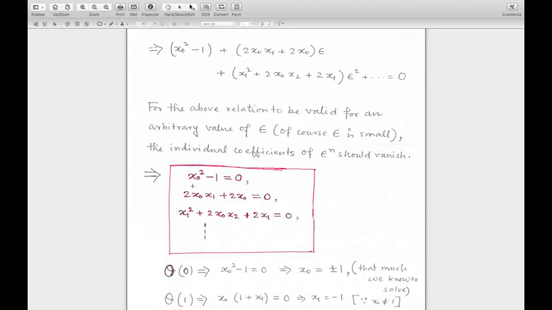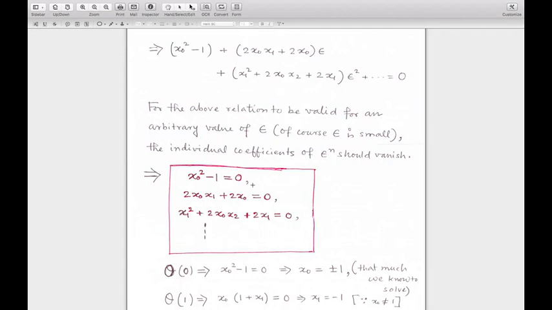For the epsilon to the 0 contribution, the coefficient gives us x0 square minus 1 is equal to 0, and that's exactly our unperturbed equation. So this is the first thing you can verify: whether the 0th order coefficient gives you back the unperturbed equation.